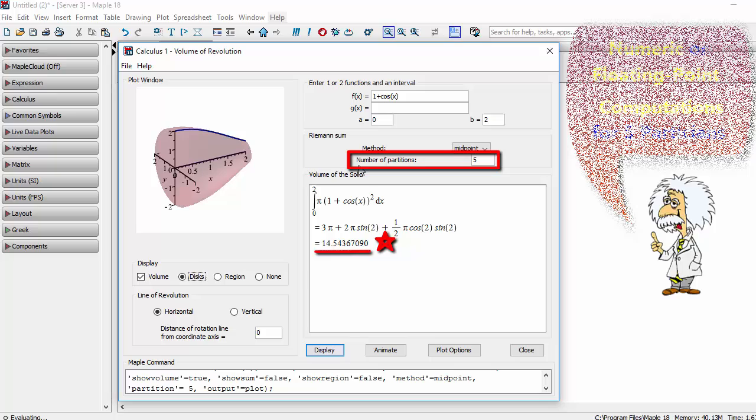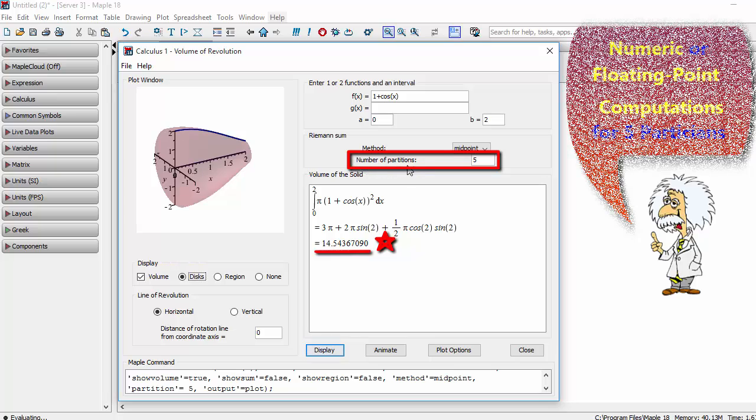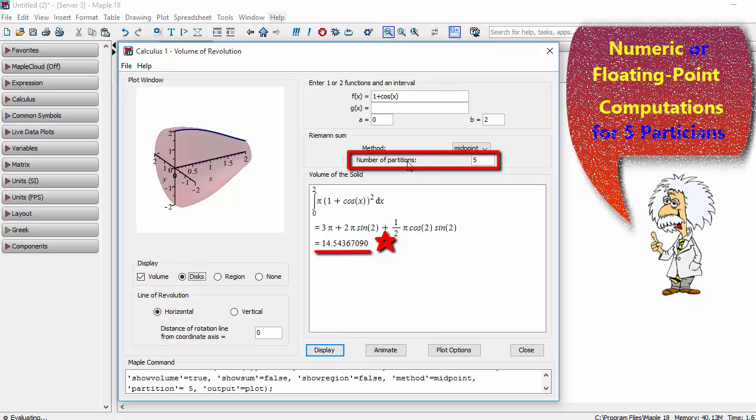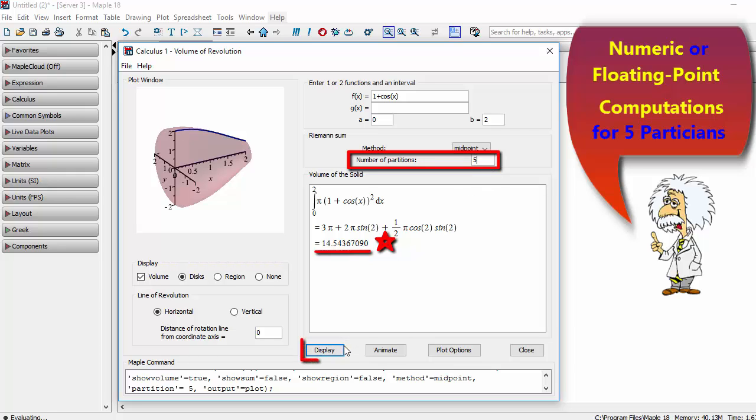By using numeric and floating point computation for this volume and increasing the number of partitions, disks, for example, for 5 partitions, disks, we can obtain the following amounts.